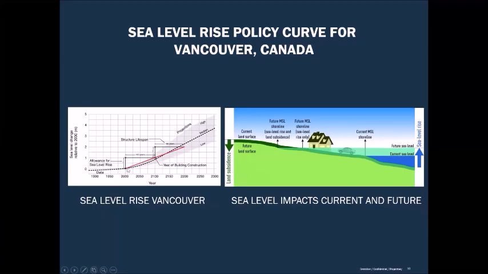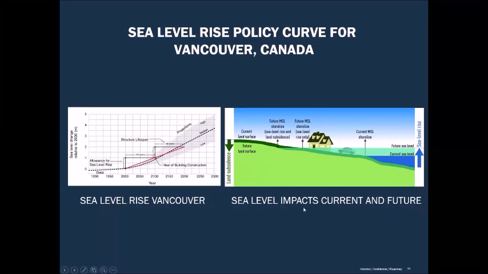This is the number we have been applying for coastal structures and waterfront structures: 1 meter for the next 100 years, I mean up to 2100, because this curve starts from 2000, so this is the 100 years.